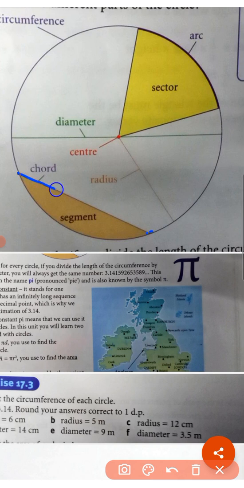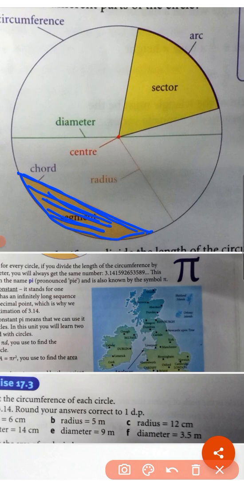This line segment joins these two points, so it is known as chord. And the area formed by the chord and an arc is known as segment.